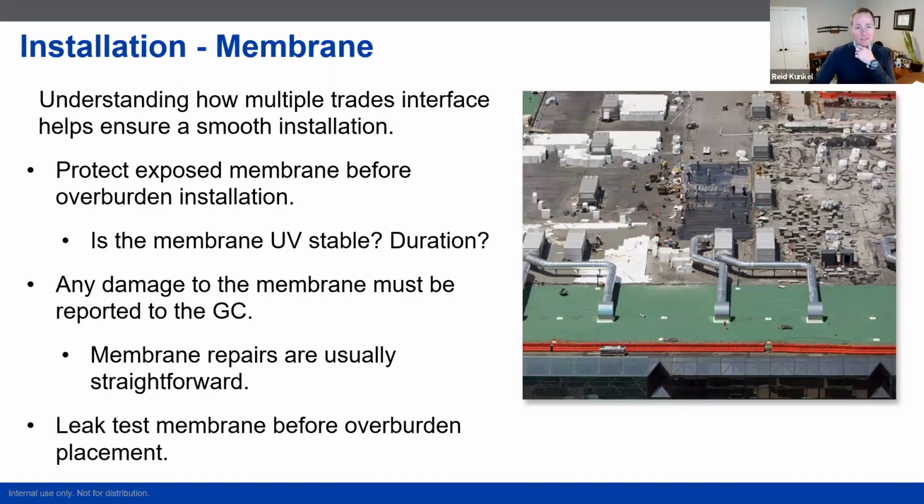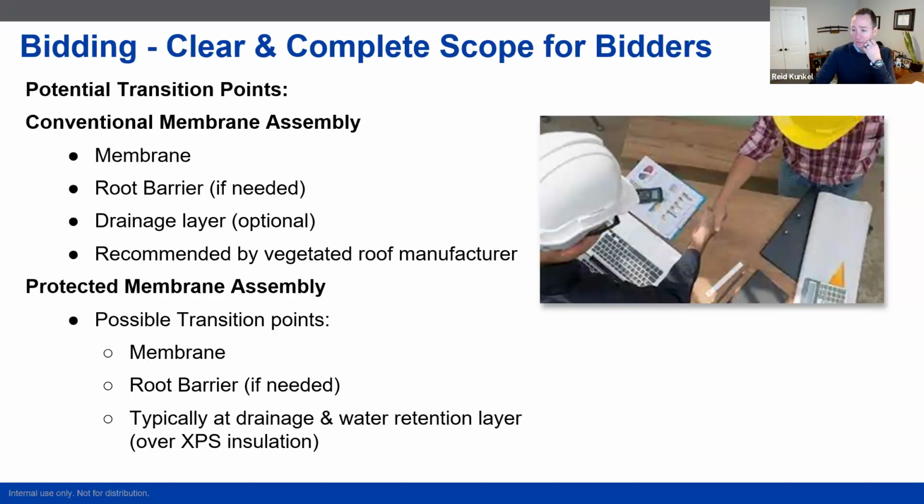Hey, Rick, back to electronic leak detection or leak detection. So why a third-party leak detection versus the roofing membrane supplier? I think third party, it would be in the roofing or the membrane manufacturer's best interest to ensure that they're providing a watertight membrane.